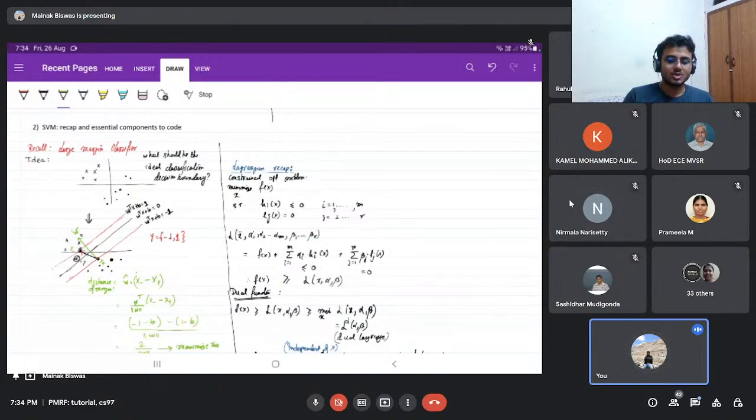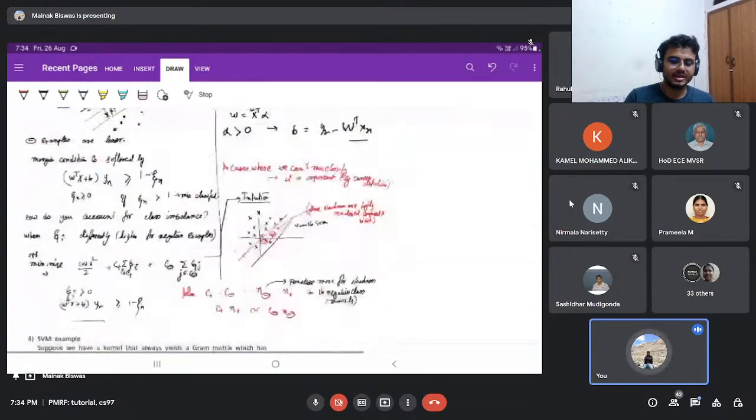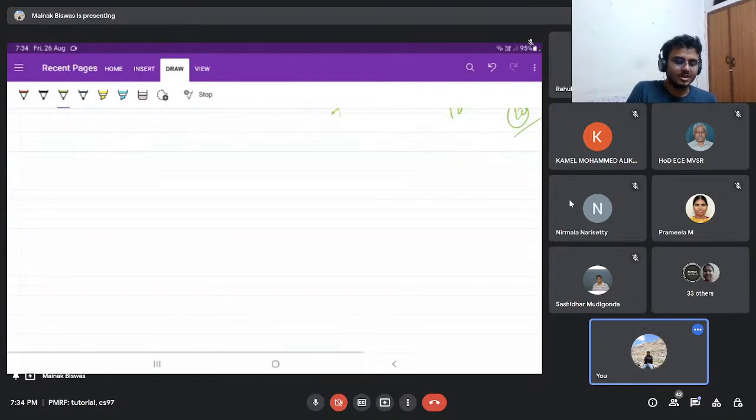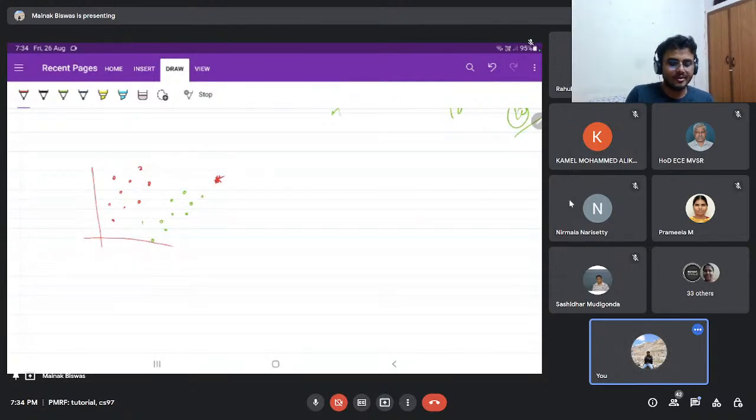Okay. So the problem with linear regression or logistic regression is like this. You have something like this, and one term is somewhere here.